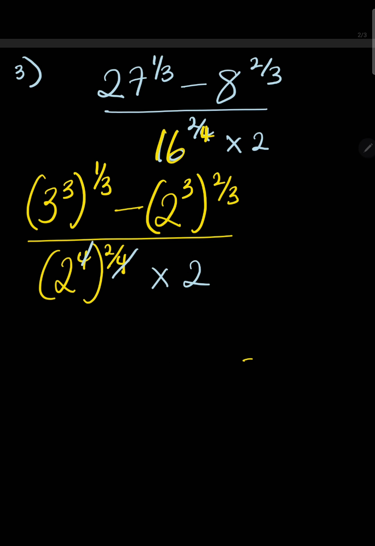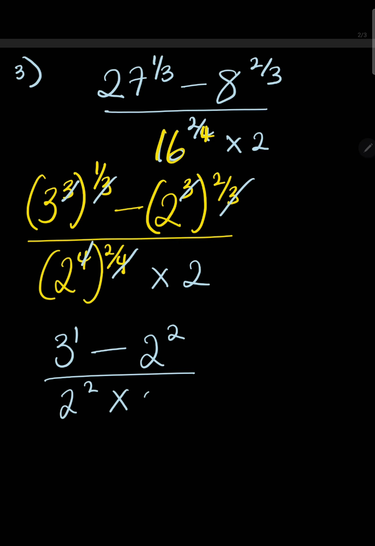Then everything multiplied by 2. So this 3 will cancel this 3, leaving us behind with 3 power 1 minus this 3 will cancel this 3, leaving us behind with 2 power 2 over, already 4 has cancelled 4. We have 2 power 2 multiplied by what? 2, right? 3 power 1 means 3 minus 2 power 2 is 2 times 2, 4 over 2 power 2 again, 4 times 2.